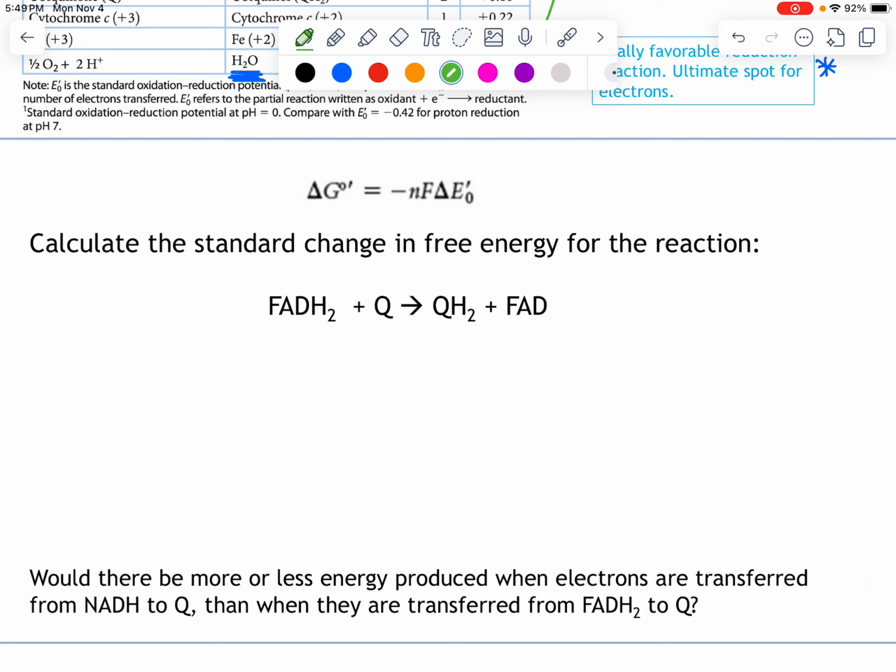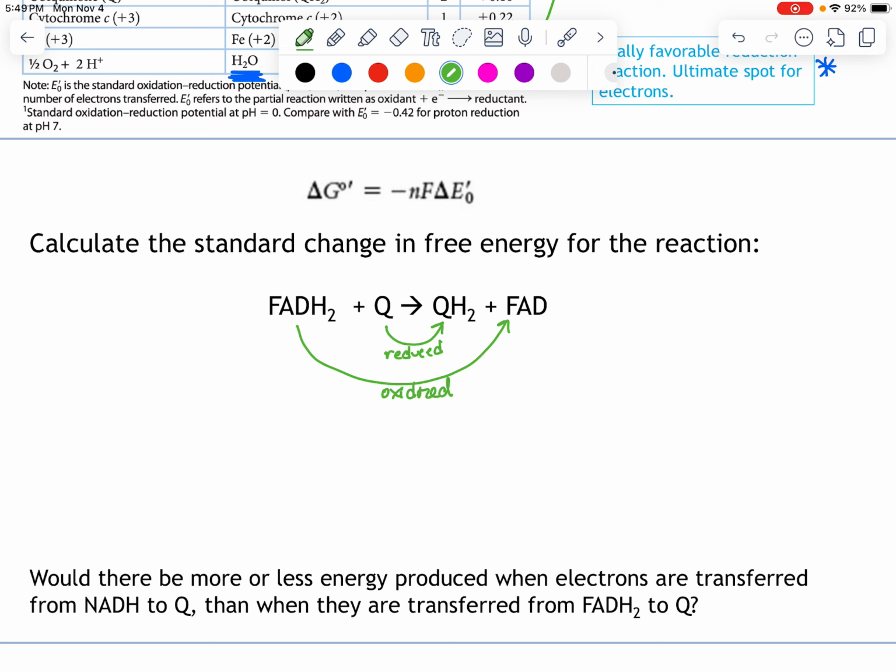So calculate the standard change in free energy for this reaction. First thing you have to do is figure out what's being oxidized and reduced. It turns out that Q is being reduced. It's gaining electrons. And the FADH2 is being oxidized. It's giving away its electrons.